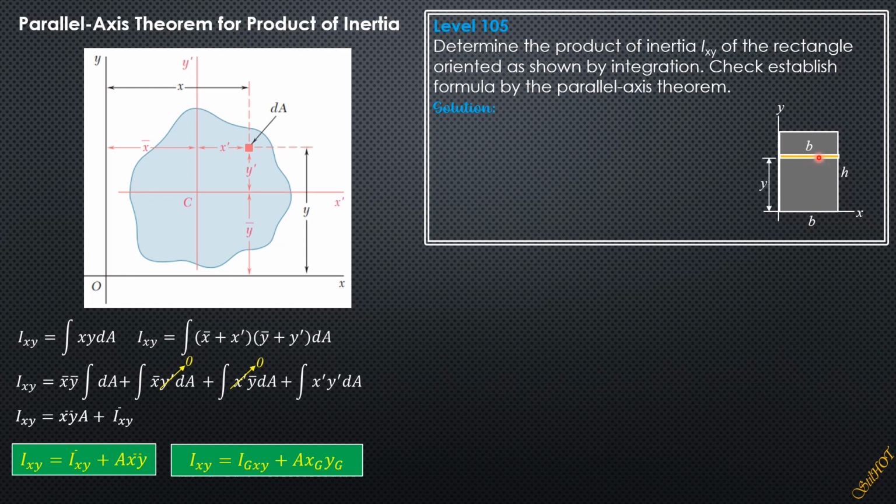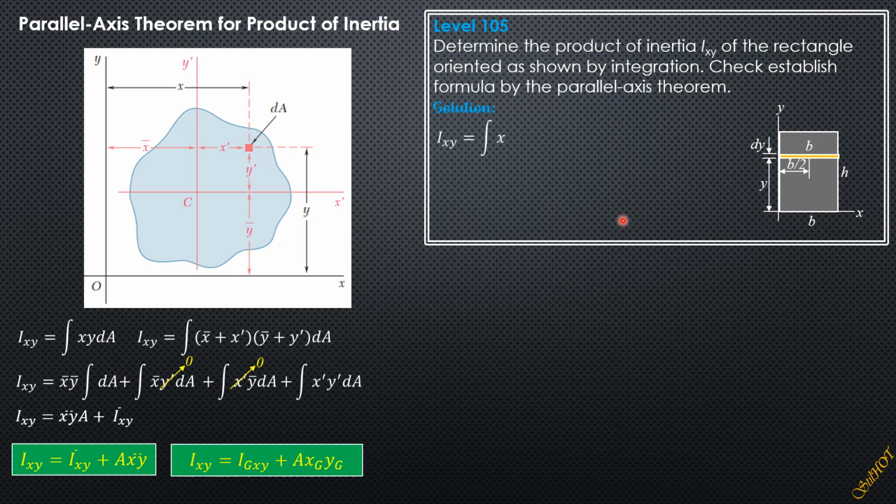It is constant, and the vertical distance of the centroid of the strip from the x-axis is y, a changing variable, and the thickness is dy. So the differential area of this elemental strip is b times dy.